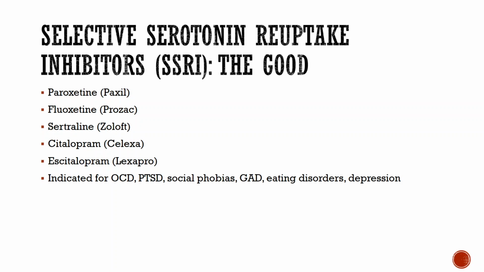Our selective serotonin reuptake inhibitors, these are all the ones listed below, indicated for obsessive compulsive disorder, post-traumatic stress disorder, social phobias, generalized anxiety disorder, eating disorders, and then our depression.